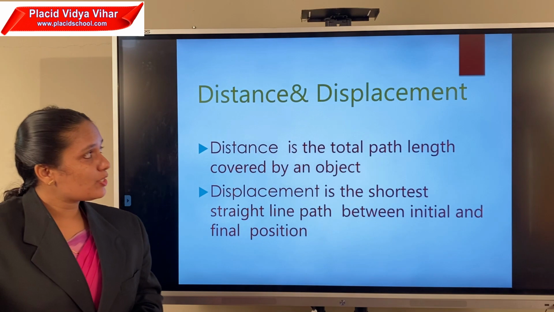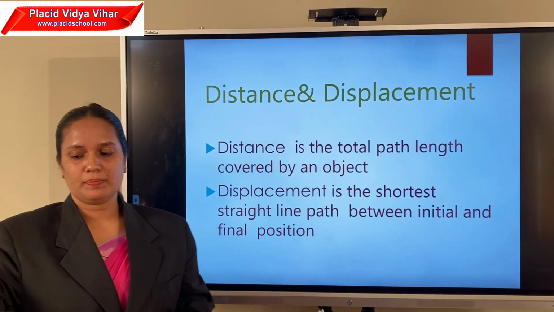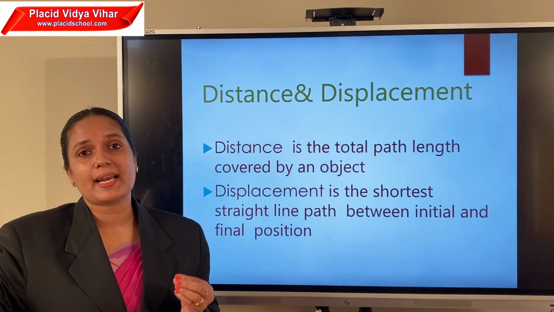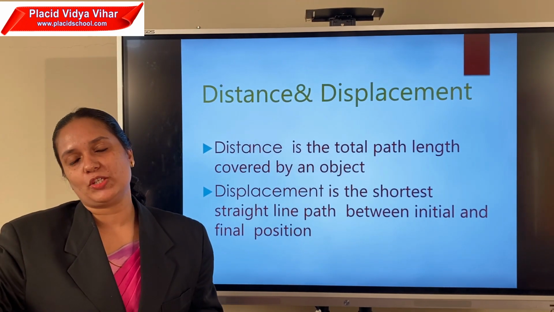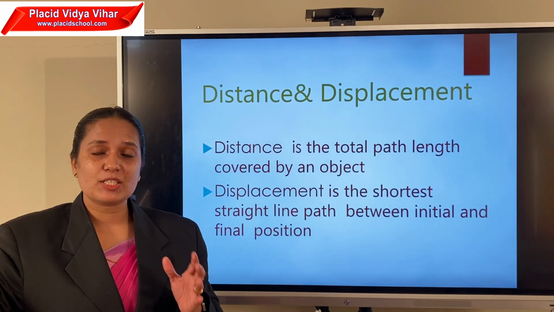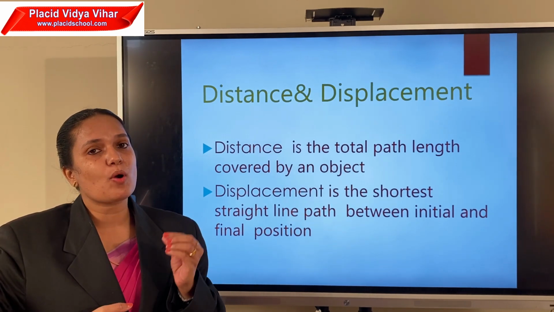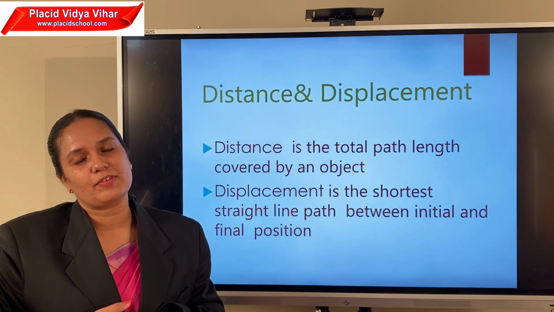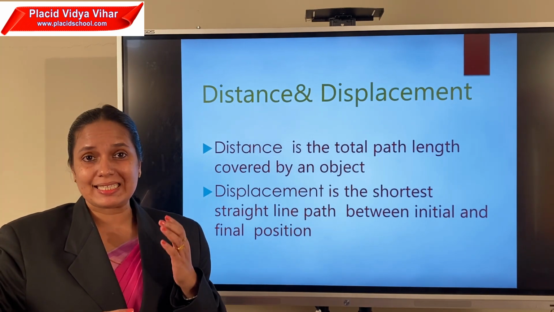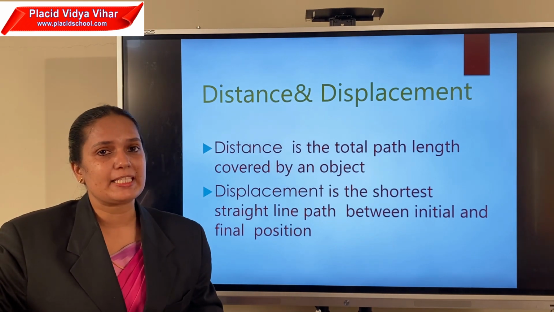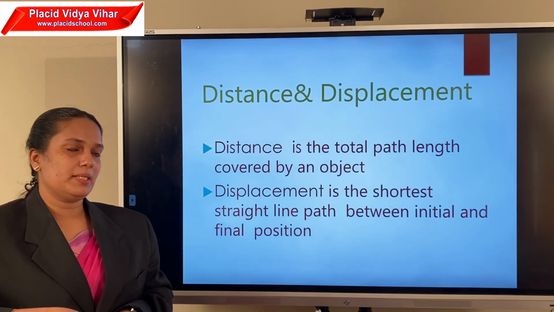Next, distance and displacement. These are the two physical quantities used to describe the motion of an object. Generally, distance and displacement are used in the same sense, but these quantities are quite different in physics. So let us discuss the differences between distance and displacement through some examples.